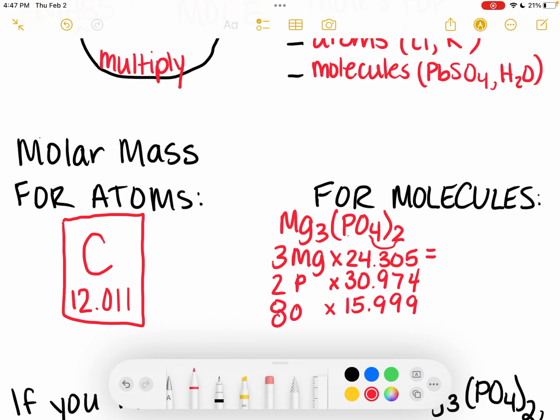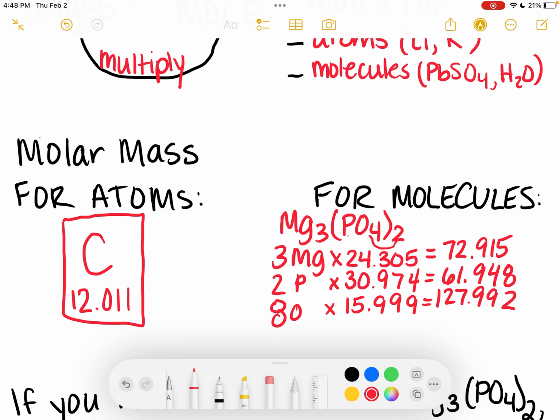So we're going to say, all right, 3 times 24.305, that's 72.915. And for phosphorus, it's 61.948. And for the 8 oxygens, it's 127.992.